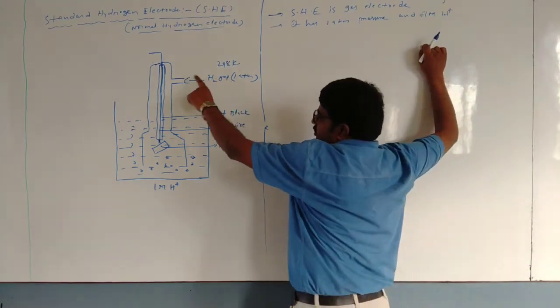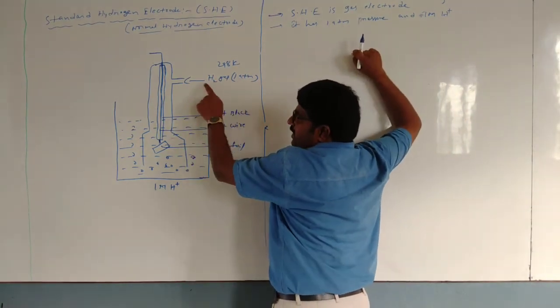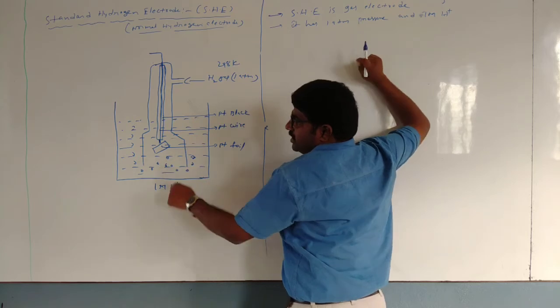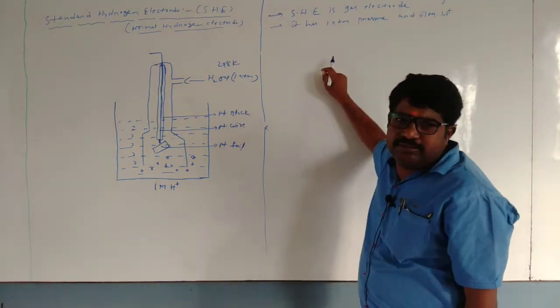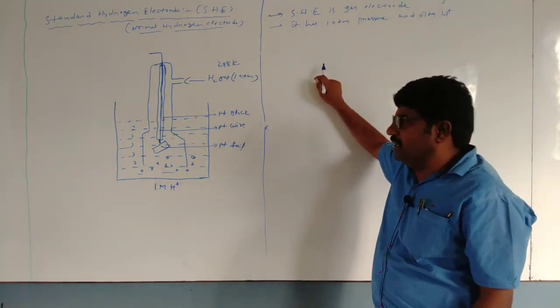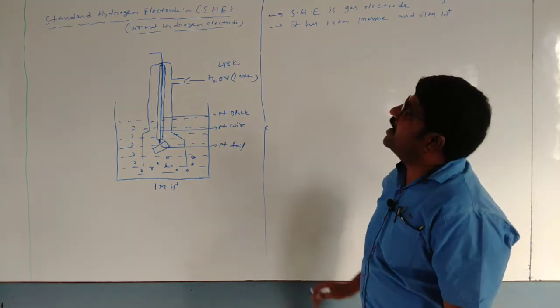This gas at 1 atmosphere touches the 1 molar concentration of H plus ions, the acid solution. That is called standard hydrogen electrode.